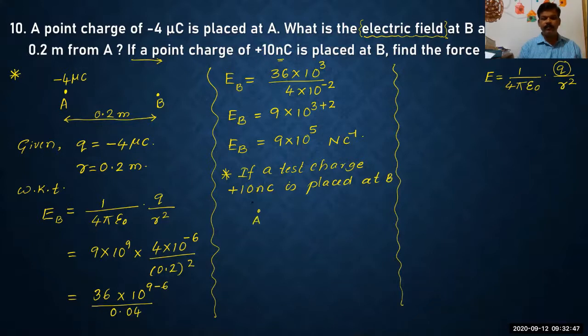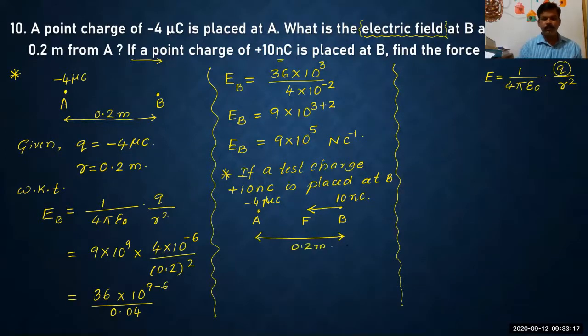At A we have -4 microcoulomb, and B is the point present at a distance of 0.2 meter, and at this we place 10 nanocoulomb. Then definitely it will experience a force. What kind of force? It will experience an attractive force. See, even you can consider the distance there.